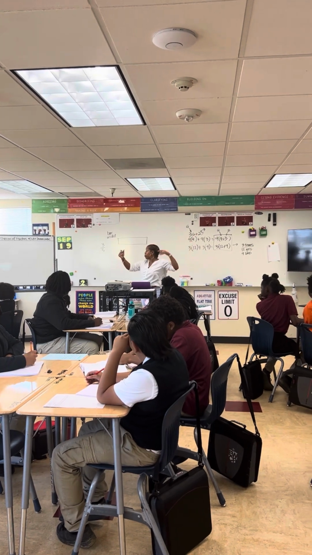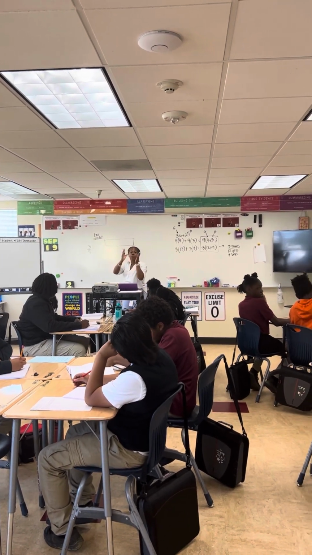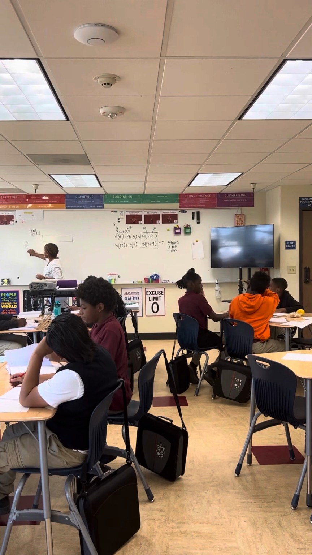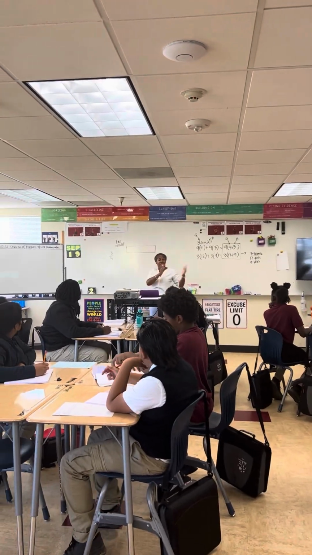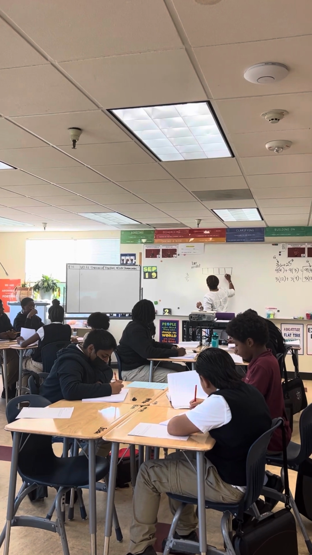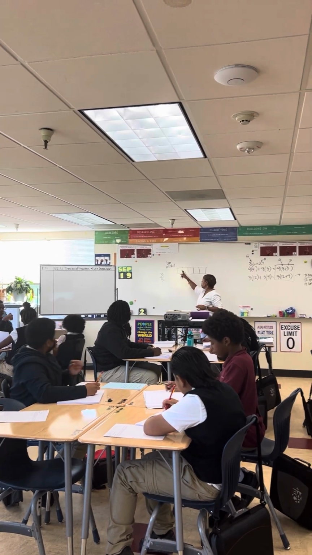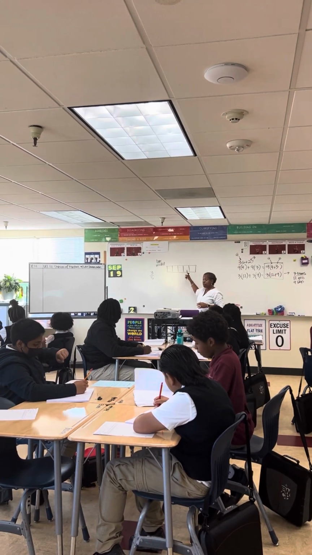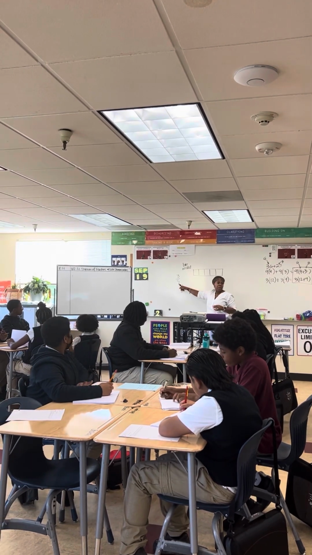I take my total and I break it up into parts. My denominator tells me how many pieces I have. So 1, 2, 3, 4, 5. Does everybody see my 5 pieces? That's being represented by my denominator.